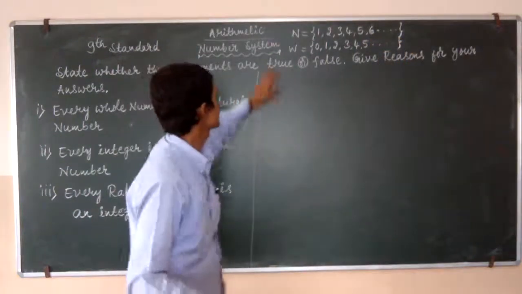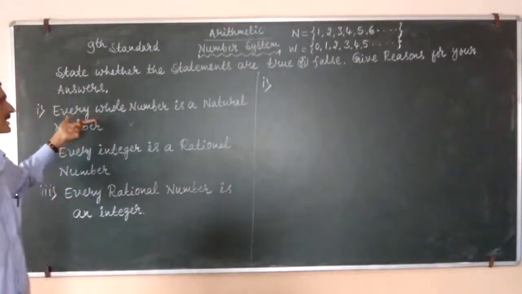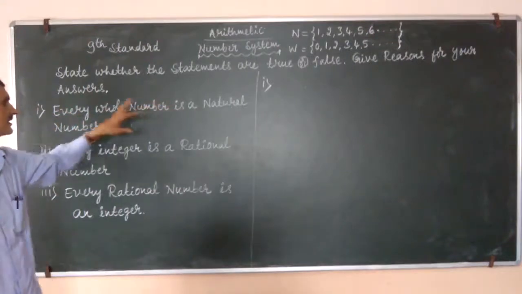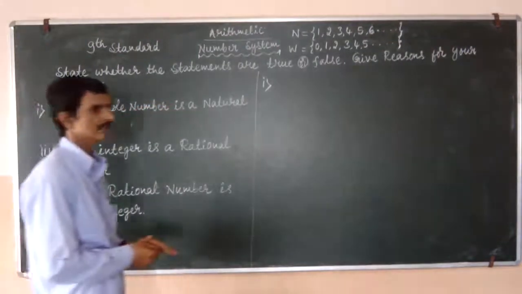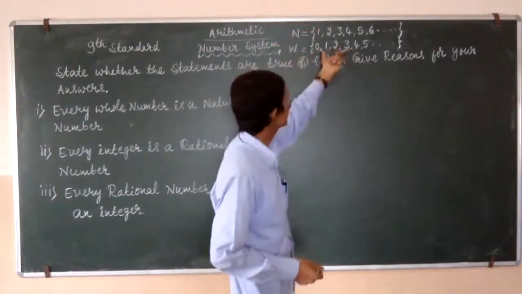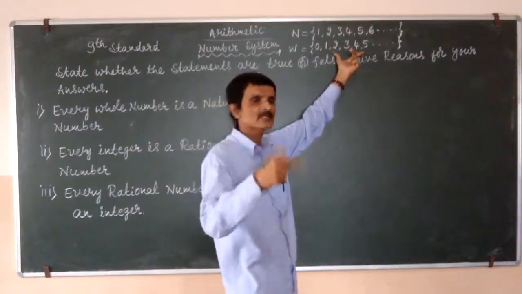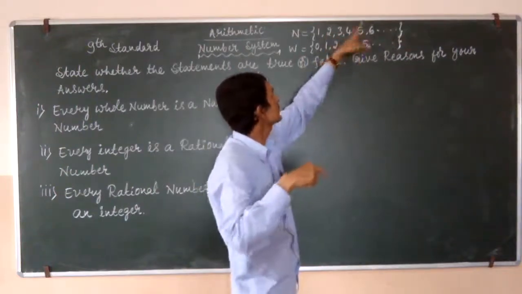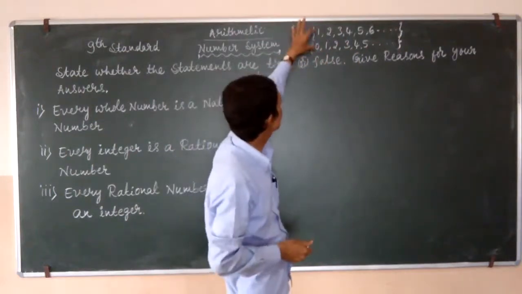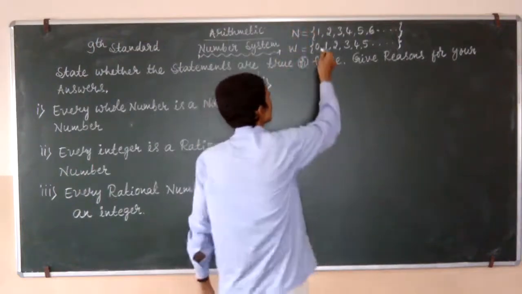If you observe these two sets and compare them, this statement, every whole number is a natural number, means the numbers which are present in the set of whole numbers are also present in the set of natural numbers. Observe carefully, students.